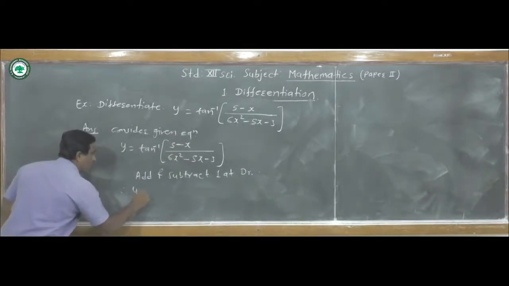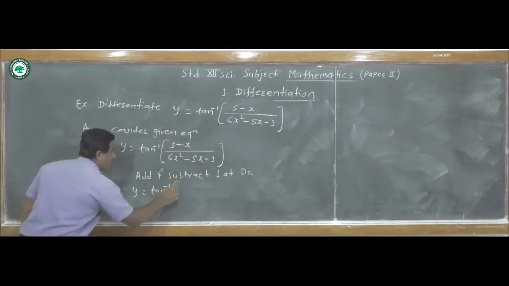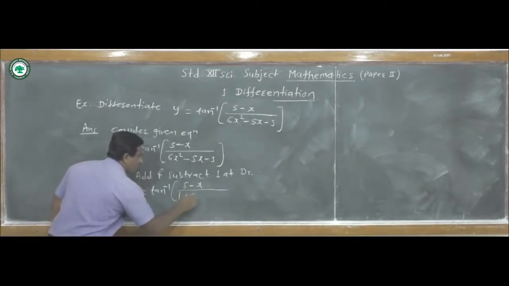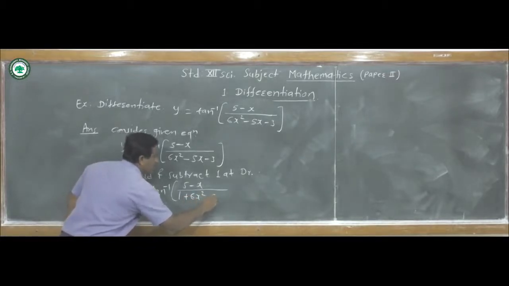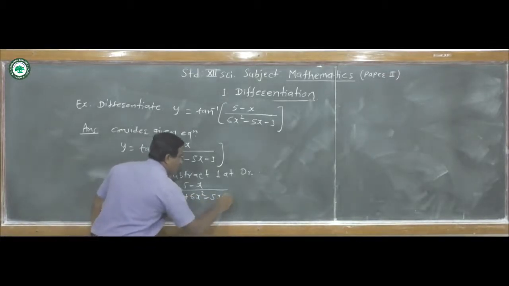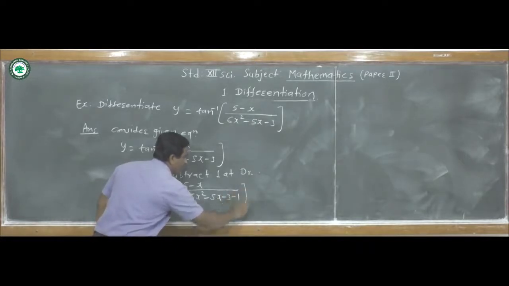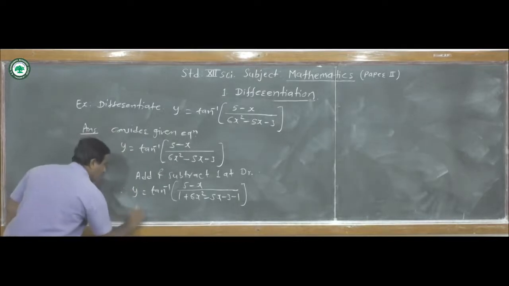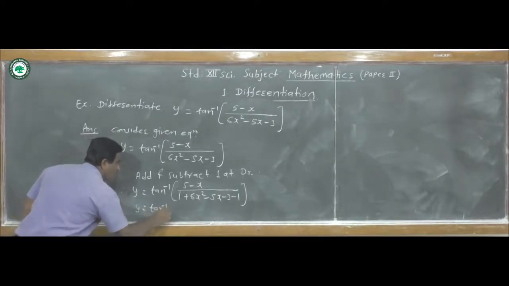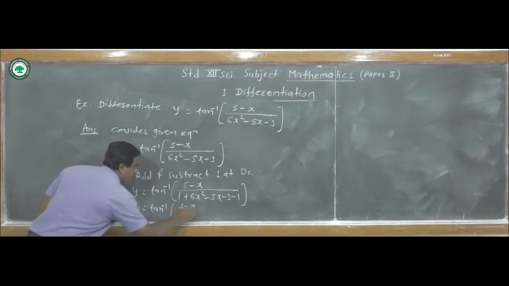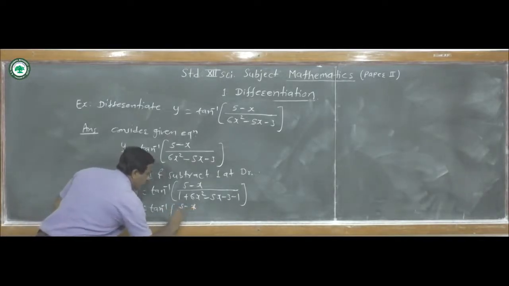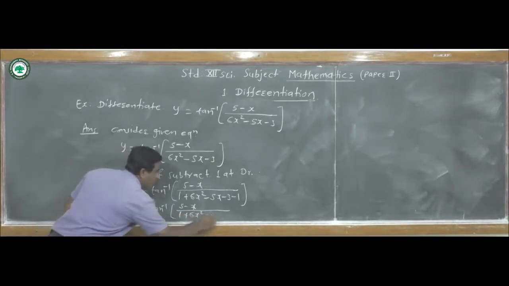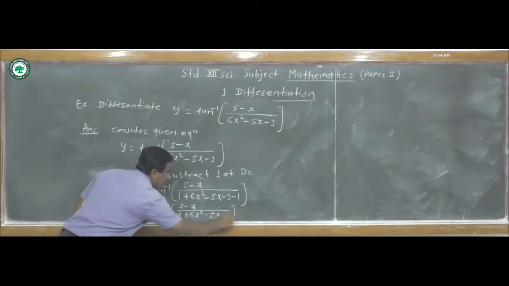Therefore y is equal to tan inverse of (5 minus x) upon (1 plus 6x square minus 5x minus 3 minus 1). Okay, that is y is equal to tan inverse of (5 minus x) upon (1 plus 6x square minus 5x minus 4).